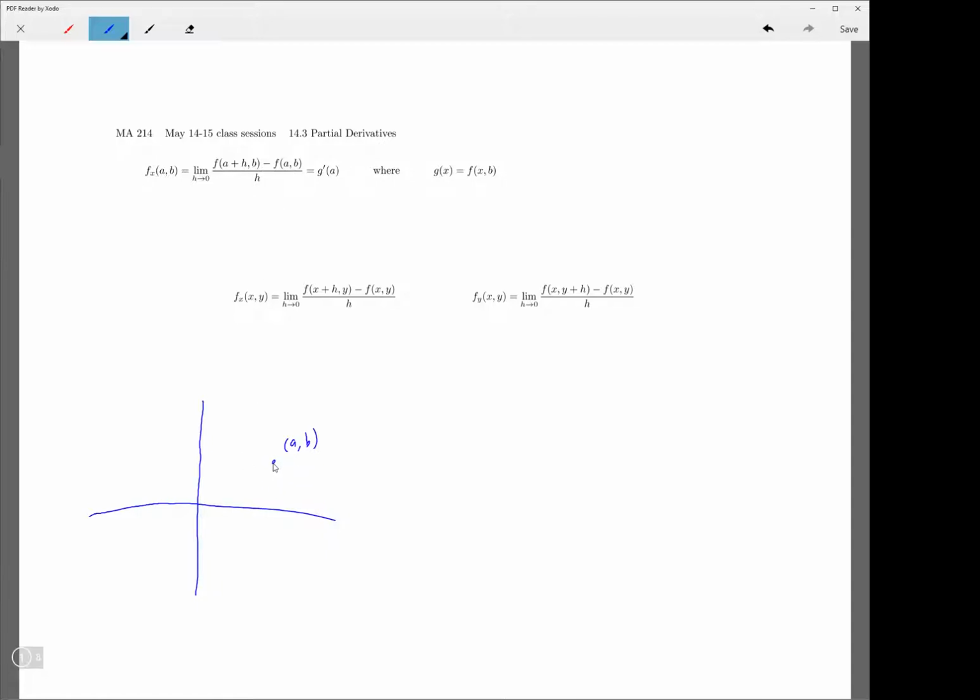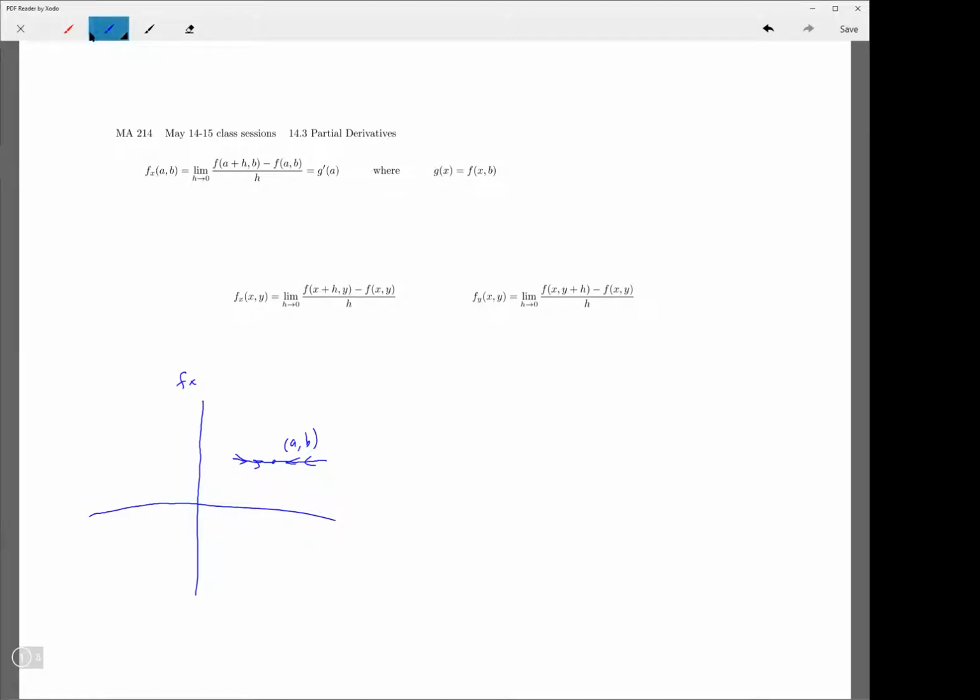So essentially the partial with respect to x is the difference quotient, but coming in along this path here. It's not the limit of the function, it's the limit of the difference quotient, but restricted to just this path right here.